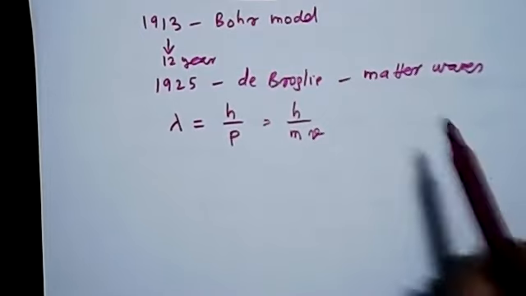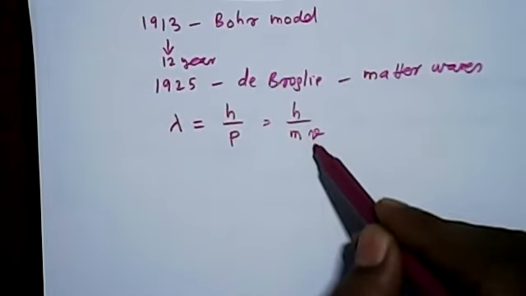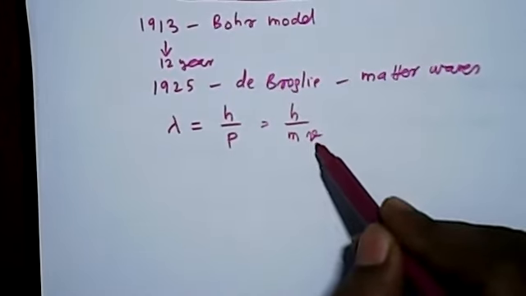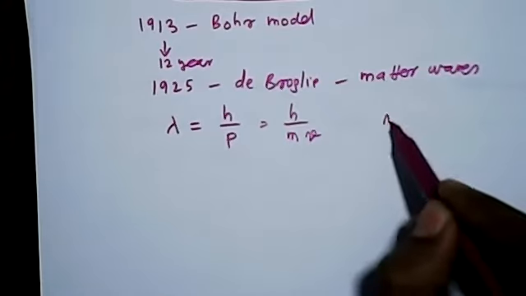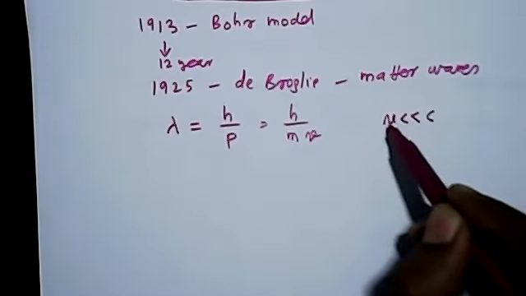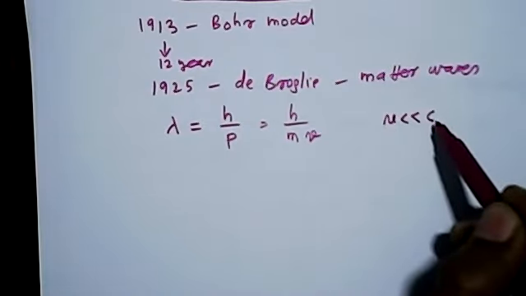And now this is the velocity in an orbit for the electron. This velocity v is far less than the velocity of light c.